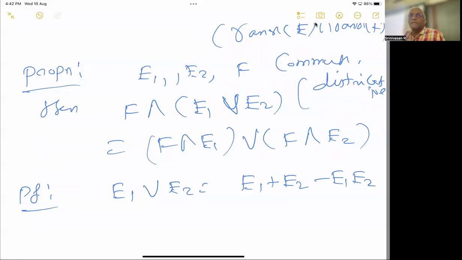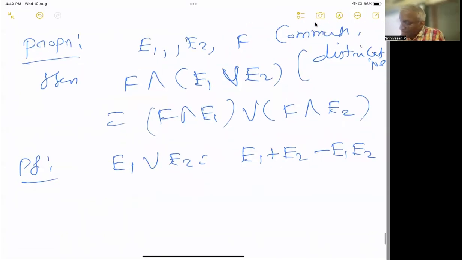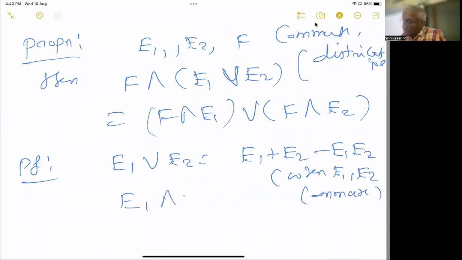You check it's a projection: you take its star and square, and this will be a projection. This is precisely that. I mean, only when they commute, not otherwise. When they commute. And even the inf is just E1 E2.